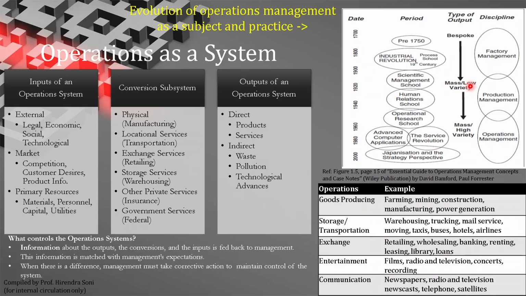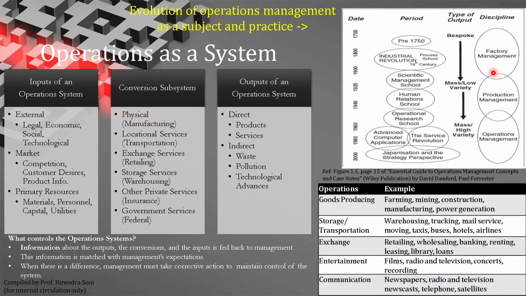Now again we are moving more towards mass customization. That means people want to produce the product in masses, but at the same time it should be specifically customized to the customer's requirement. In the initial stages, the focus was more towards factory management.